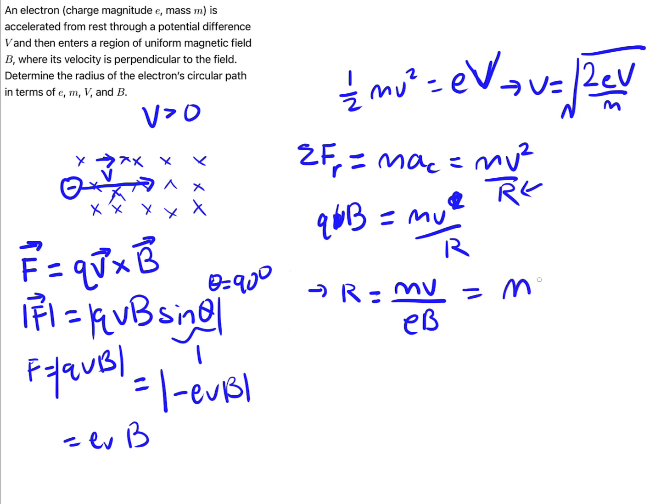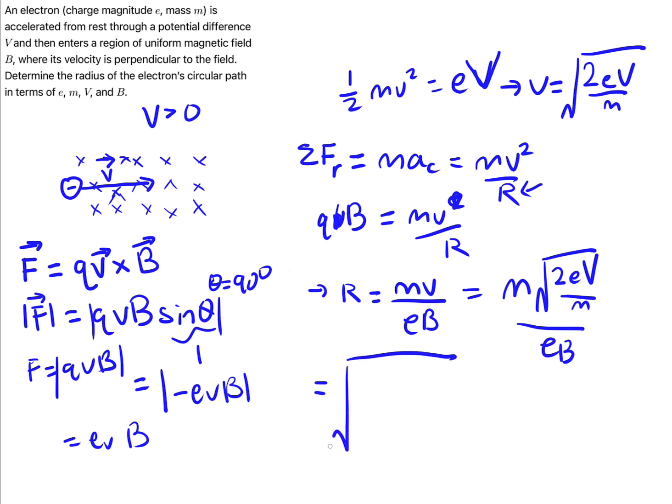So that's m, and the velocity is the square root of 2 times e times the electric potential difference, which is big V, over m, all over eB. And now we can simplify this a little by moving everything inside of the square root. To move stuff inside the square root, we just need to square it.